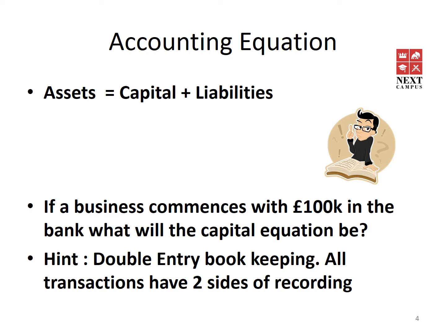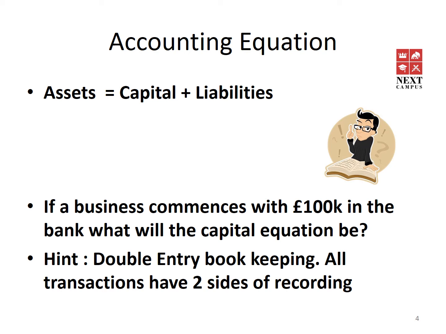If a business commences with 100,000, that means 100,000 pounds will be invested in the business. Pounds, that's cash, right? Cash is an asset of the business. So assets will move up by 100,000, and who has put in that 100,000? It has been invested by the owners of the business.